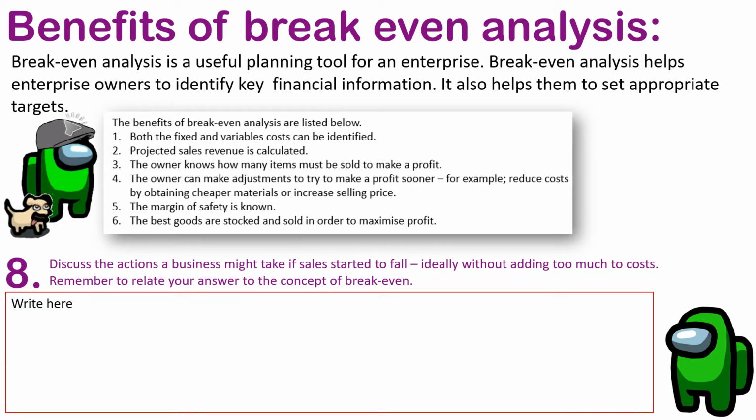So if sales fall, that's a direct impact on margin of safety. We might need to look at an increase in price to make up for the difference. If we've got an increase in price, break-even points will fall, and you would reach break-even through fewer sales.